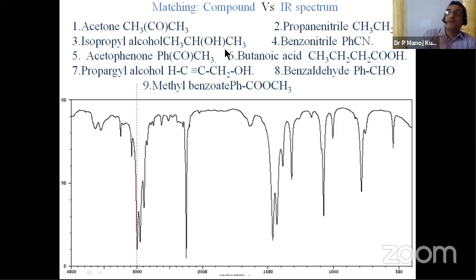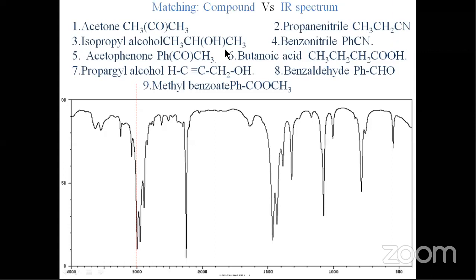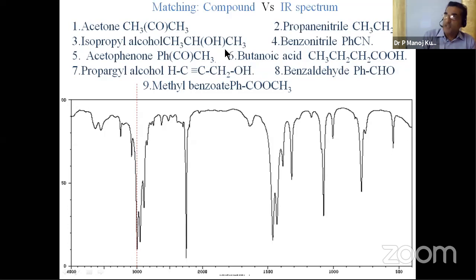It is strengthened if you have a standard reference compound: you can take its spectrum, compare the two spectra, and say that this compound is the same. In the case of a novel compound, identifying the functional groups is very supporting evidence.